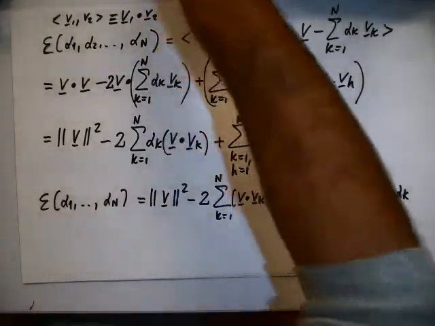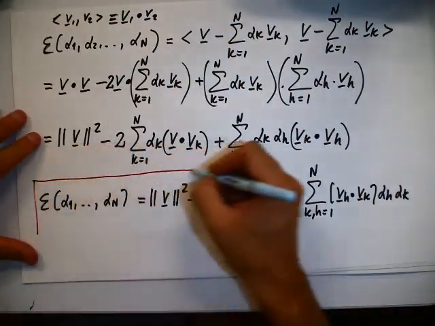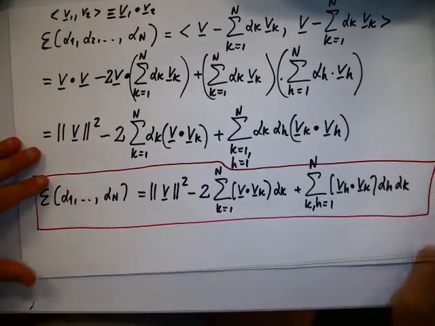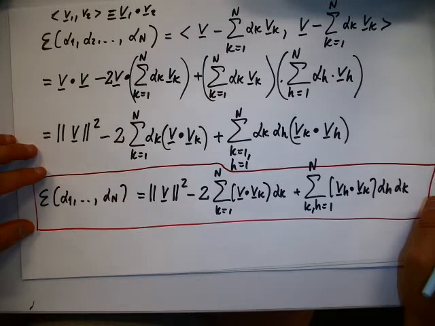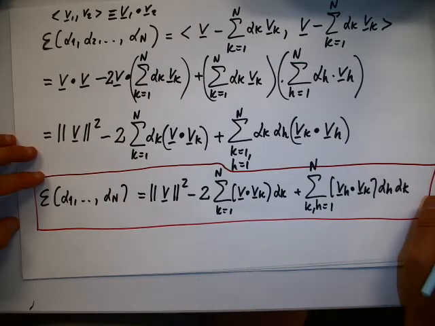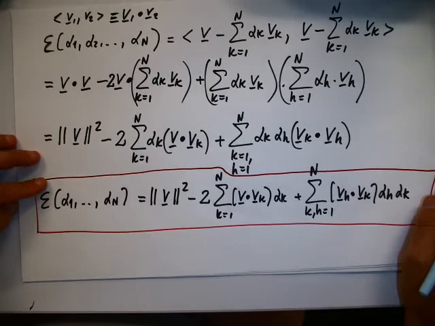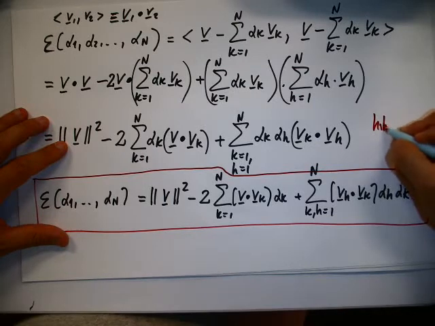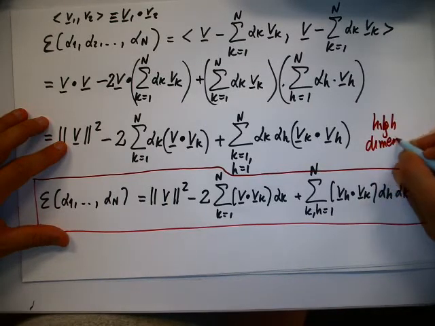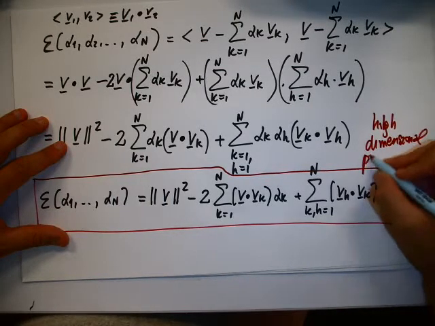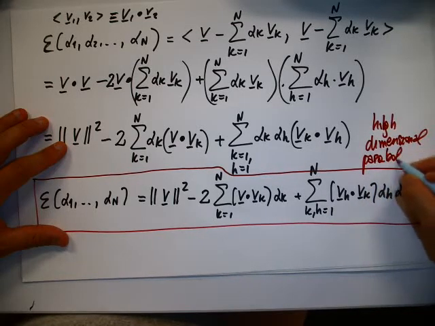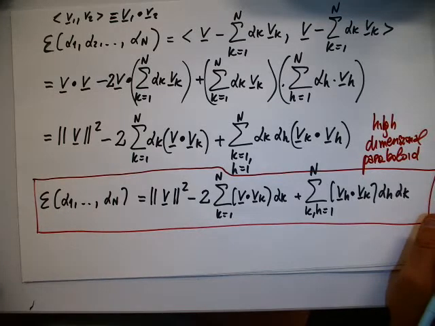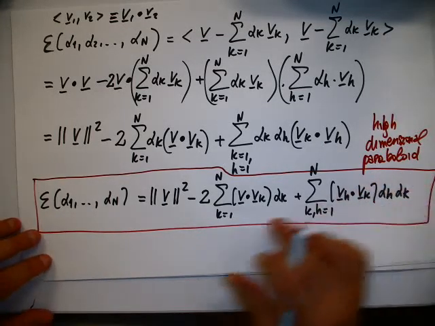Now you can see that this is the function of a high dimensional paraboloid, because we have n parameters, in terms of the alpha k coefficients.